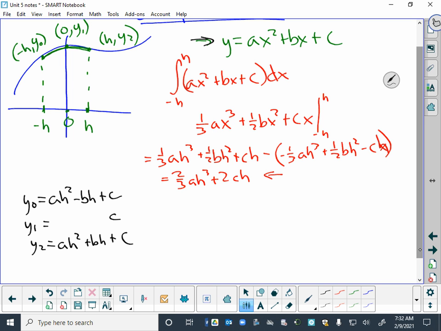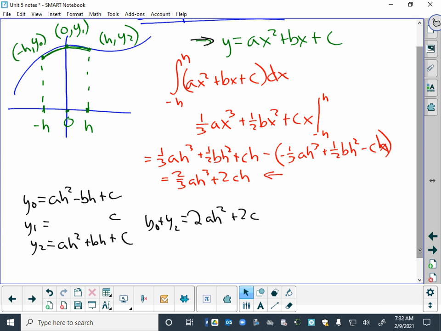I see this ah squared here. In fact, if I do y0 plus y2, I would get 2ah squared, the bh's would cancel out, and I would get plus 2c.